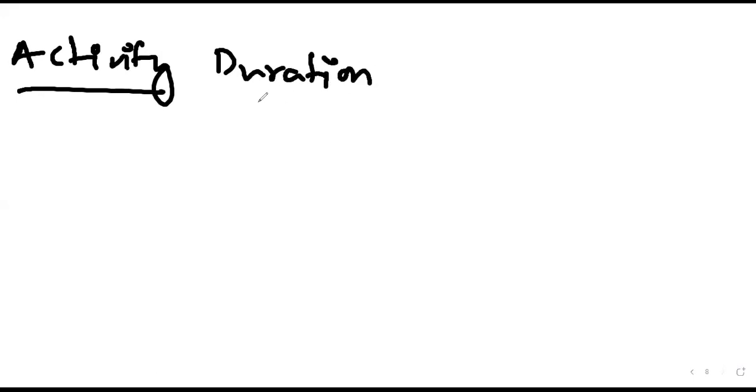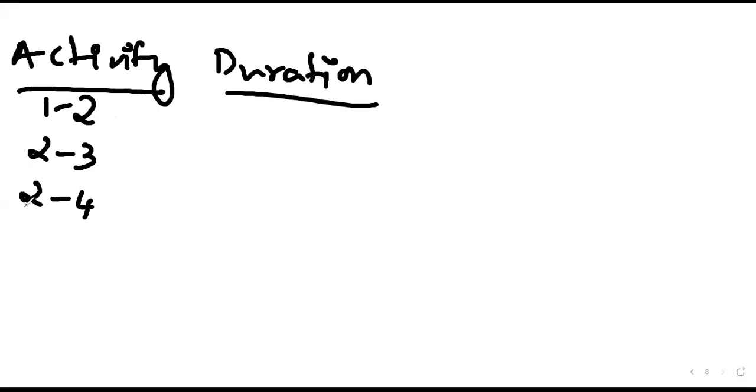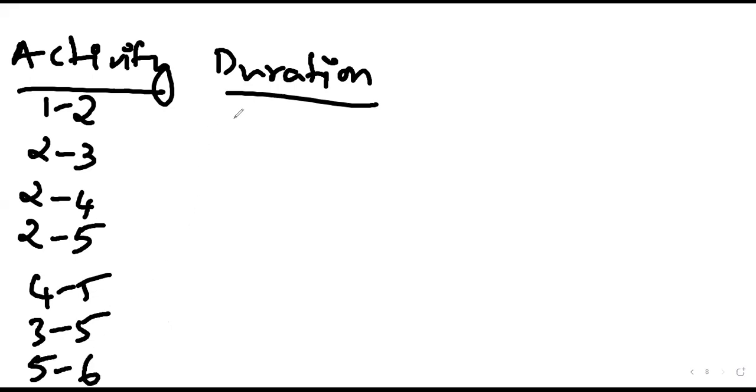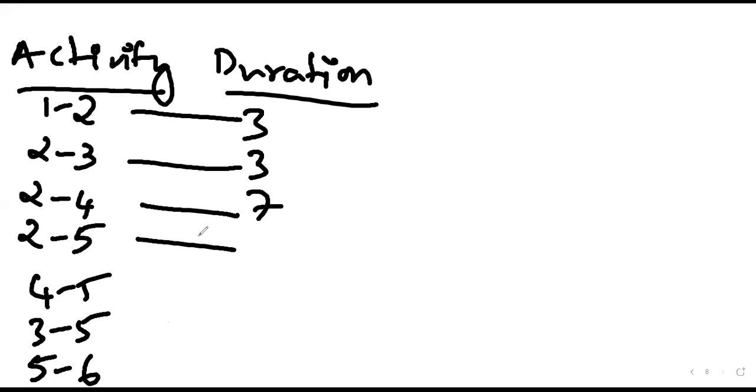The activities and the durations are: 1 dash 2, 2 dash 3, 2 dash 4, 2 dash 5, 4 dash 5, 3 dash 5, and the last 5 dash 6. Durations: 1 dash 2 is 3, 2 dash 3 again, 2 dash 4 is 7, 2 dash 5 is 8, 4 dash 5, 3 dash 5 is 5, and 5 dash 6.